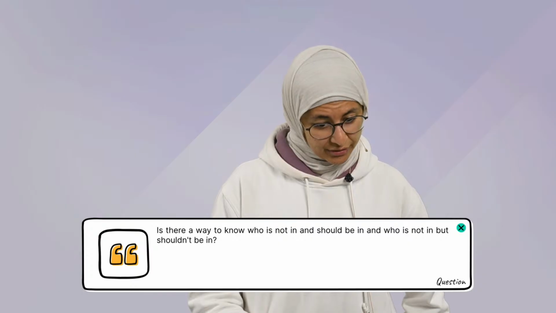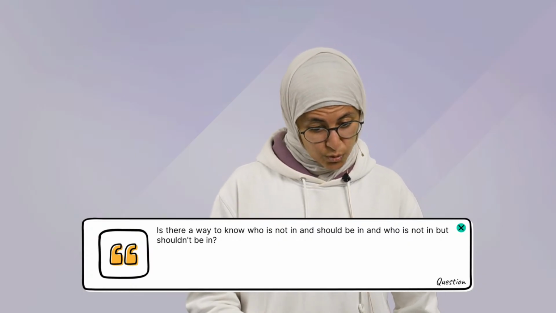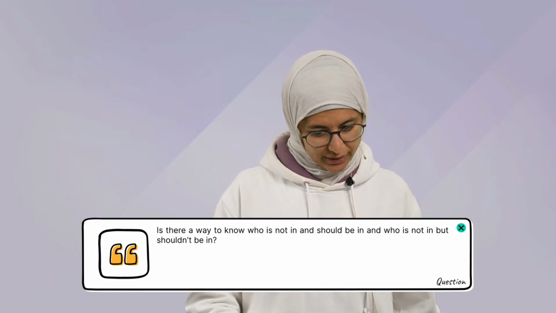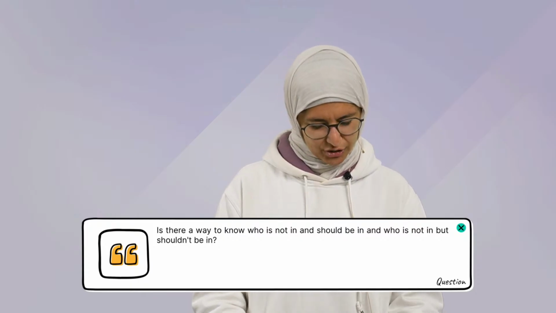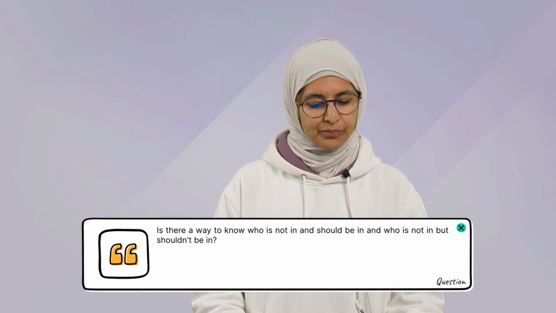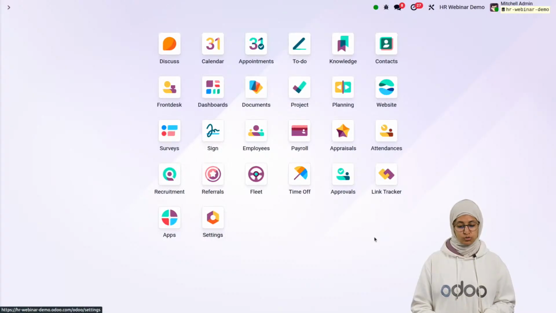We have a question from Enrique. Is there a way to know who is not in and should be in and who is not in but shouldn't be in? Okay, so basically, there are a few different ways that we can do this. I think the easiest way is to show you.